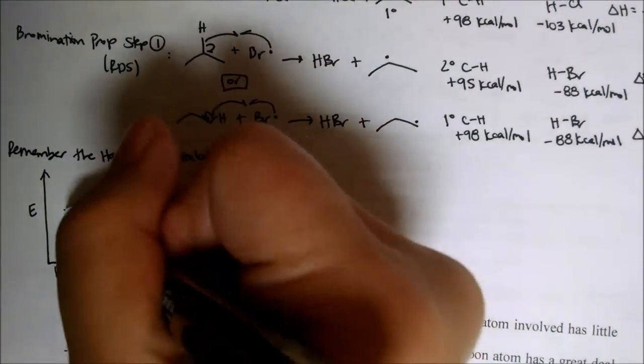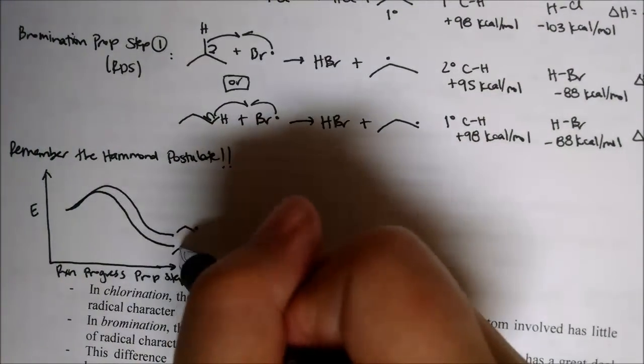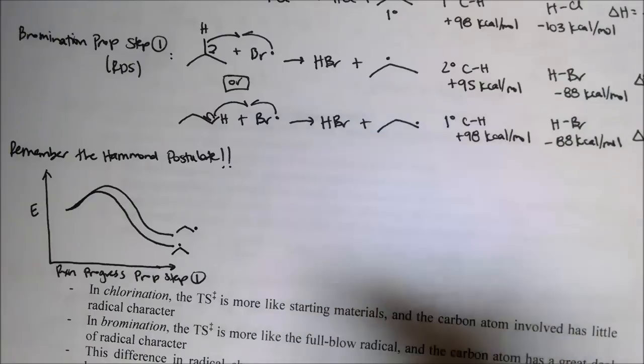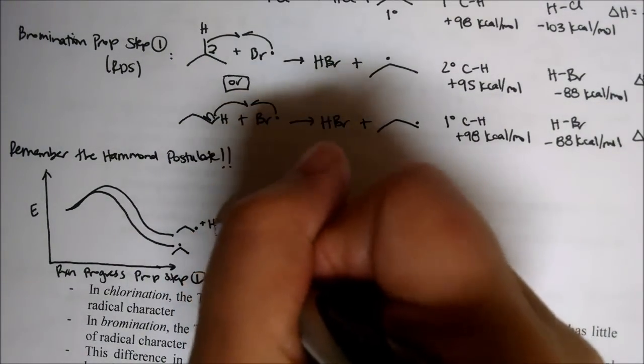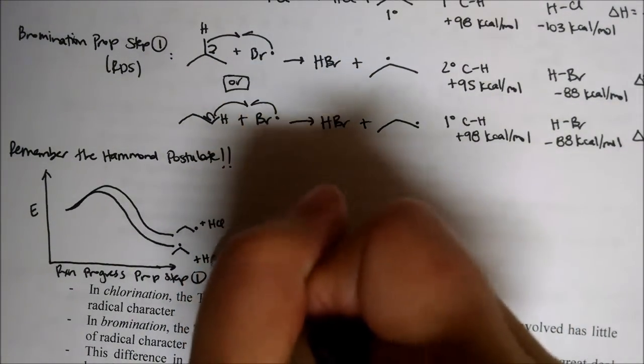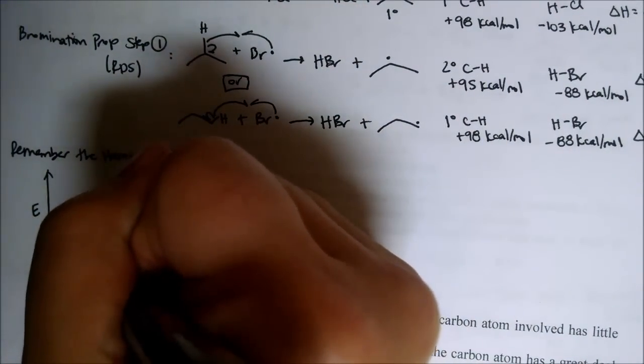And then our other possibility here is going to be a little bit more stable, so now we have our more stable secondary radical. Both of them make HCl, and over here we should have propane plus Cl dot.